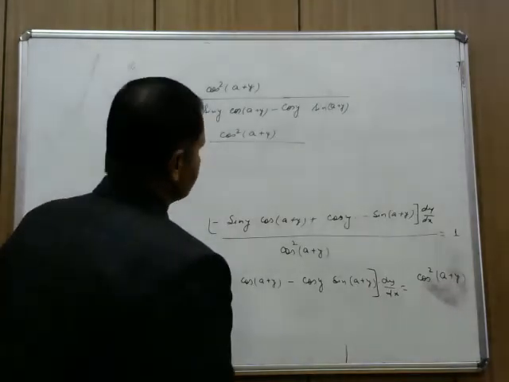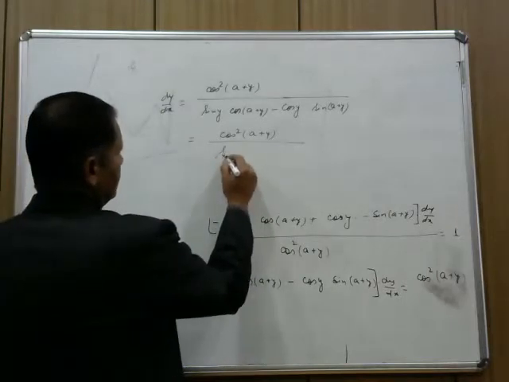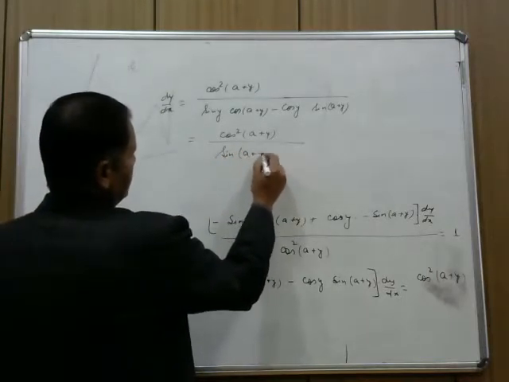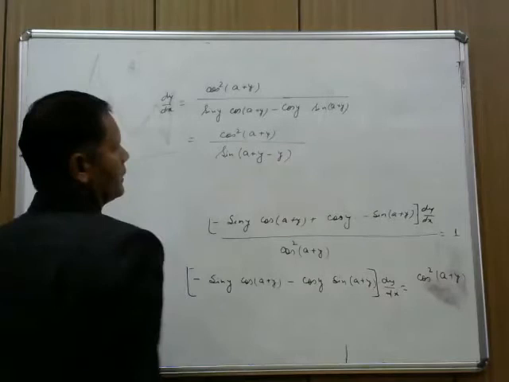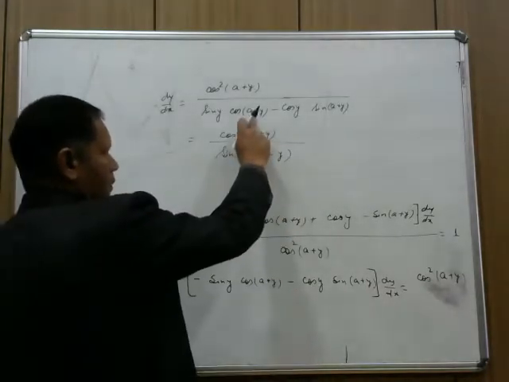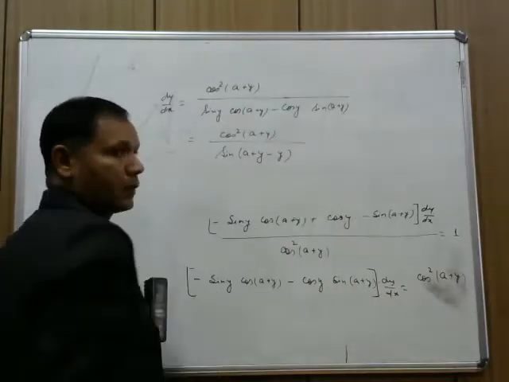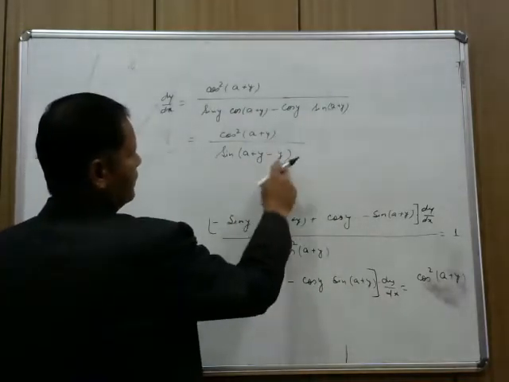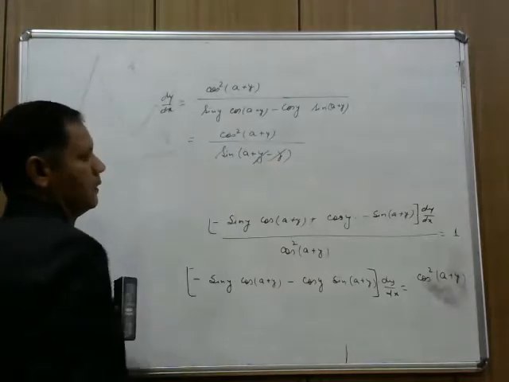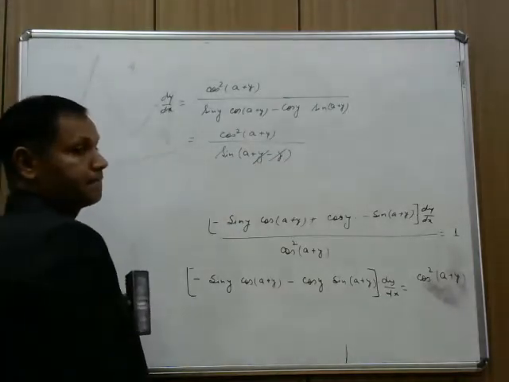Sin (a minus b), which I can write as sin (a plus y minus y). Here cos (a plus y) into sin y minus sin (a plus y) into cos y. So now sin (a plus y minus y), this is cancelled. And what about this minus sign?